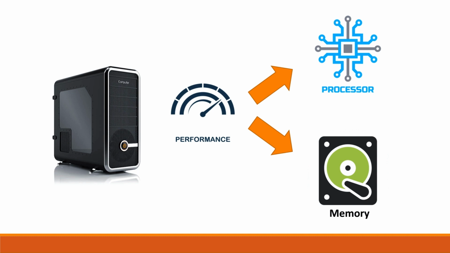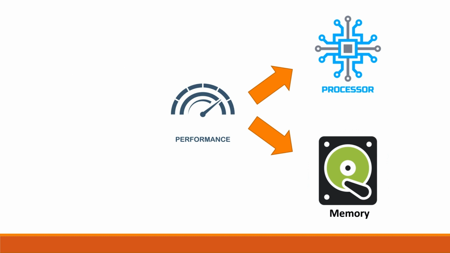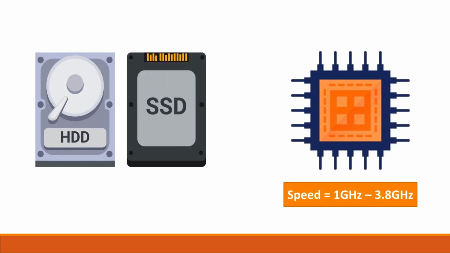So now we are going to compare the various memories present in our computer system with the microprocessor on the basis of their access speed. The first memory we're going to compare is our ROM, which includes SSD as well as HDD.